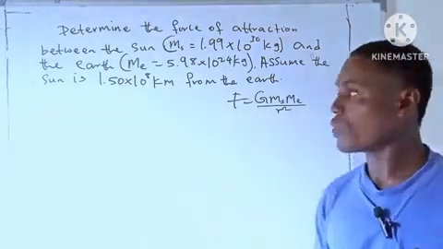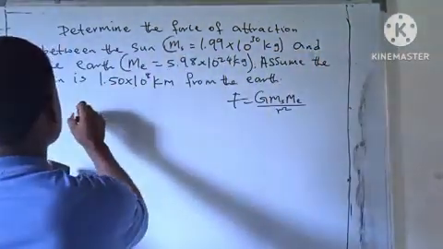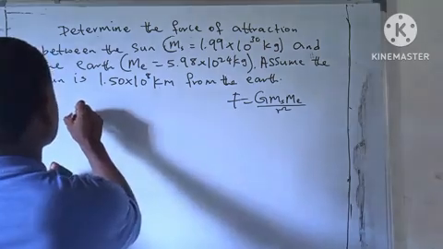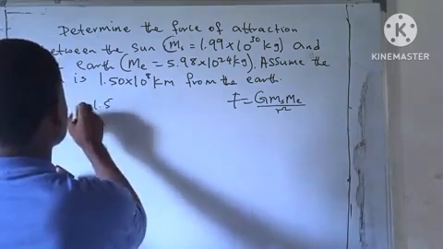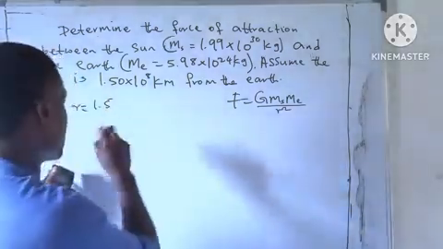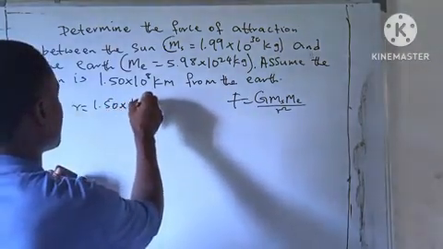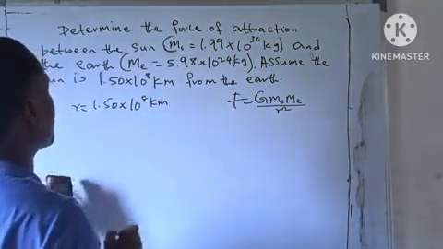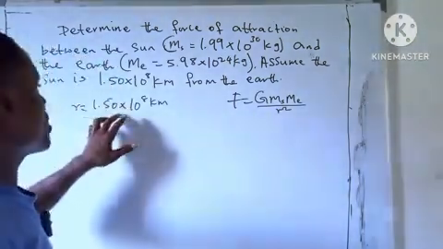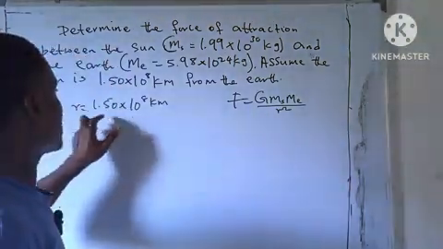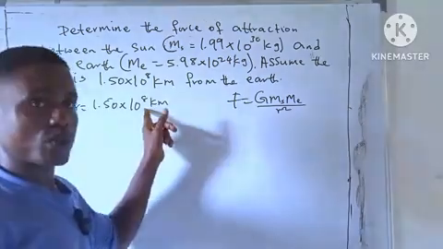to meter. So the distance, which is R, is 1.50 times 10 raised to power 8 kilometer. If you want to convert from kilometer to meter, just multiply the given number by 1000.